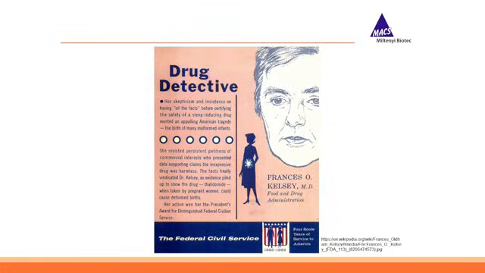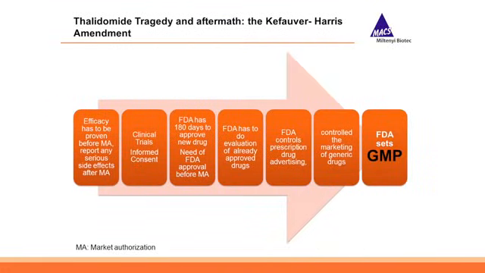In the aftermath of the tragedy in Europe, the so-called Kefauver-Harris Amendment was finally installed as an amendment to the Food, Drug and Cosmetic Act. This amendment required the manufacturers to prove the efficacy of the drugs before they go to the market, and to report serious side effects.